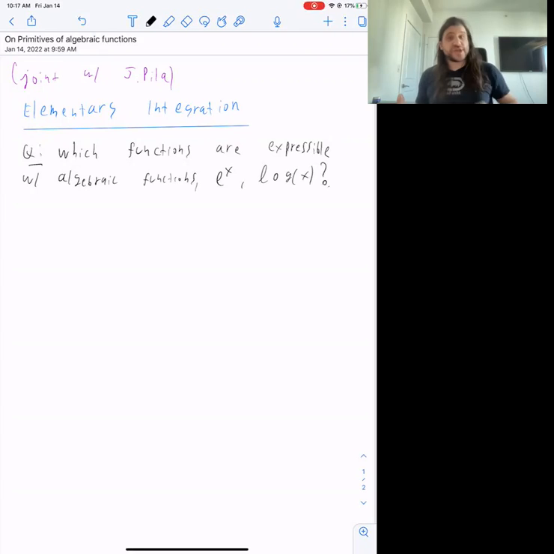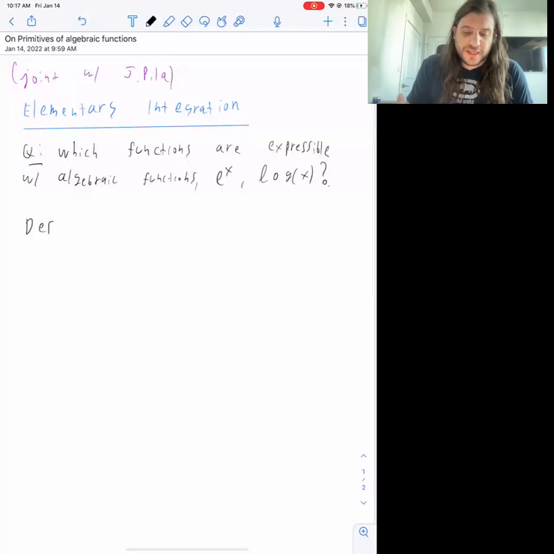That's a very general kind of question. But formally speaking, if you try to allow all of algebra, exp and log and compositions, then which of these more familiar functions can you express in this way?